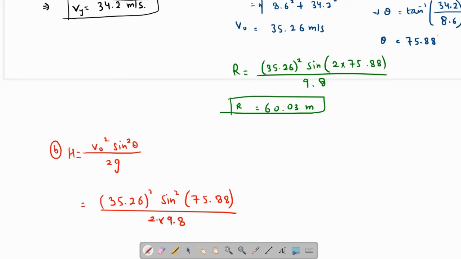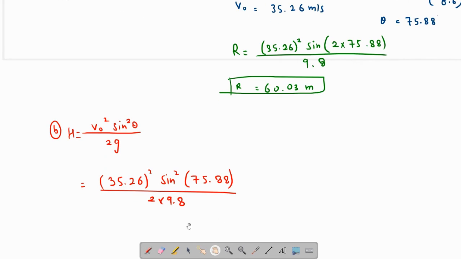Using the calculator, this is 59.66 meters. This is the maximum height.